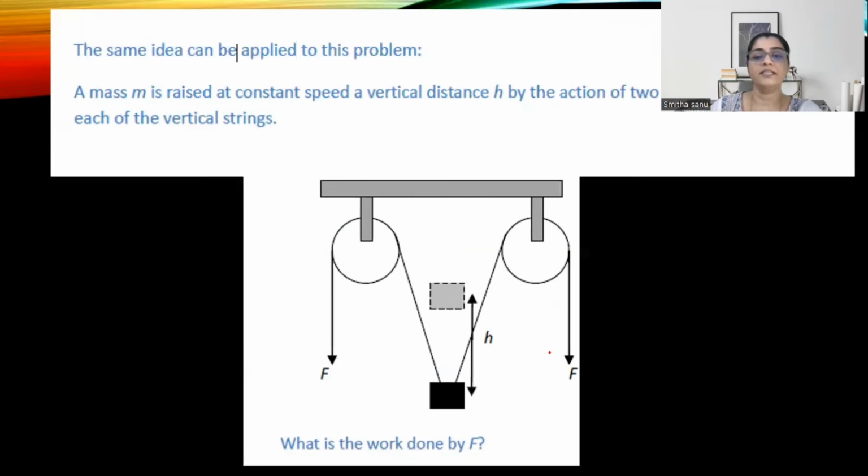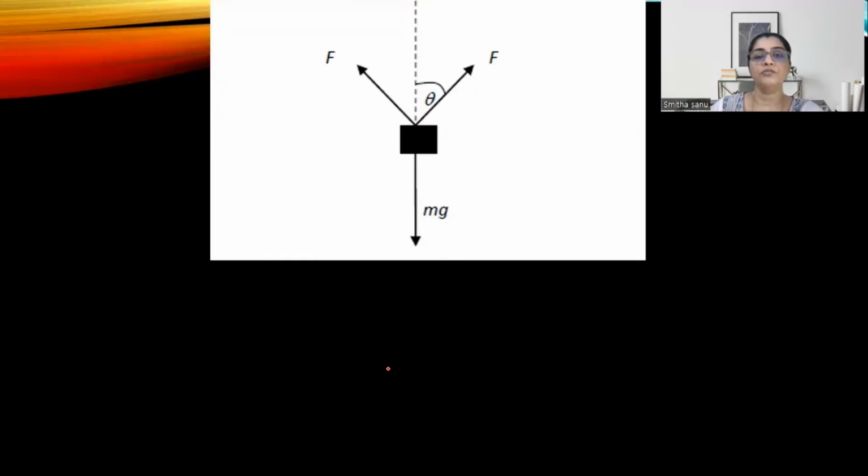Let's see another example. Look at the system. There is a mass that is hanging, and there is a force that is applied on both the strings passing through a pulley. So step 1, we have to find what is the work done by this force. The first important thing that you should know is to make an FBD. FBD looks like this: mg, or weight, acting downwards. The force along the string, let's name it as F as in the question.